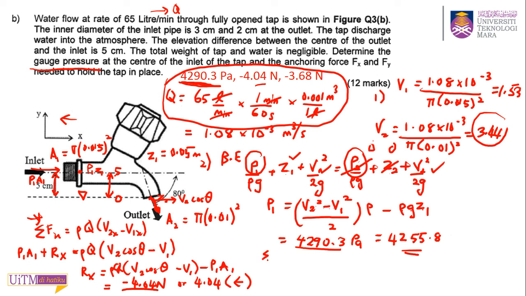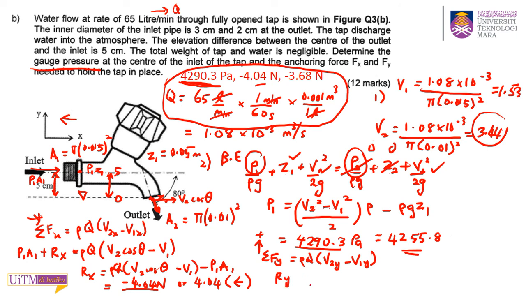Okay, Fy, okay, go up is positive. So this is rho Q times V2y tolak V1y. Okay, first in term of force, so you only have Ry. So this no Y and this also no Y. So only Ry lah tinggal.